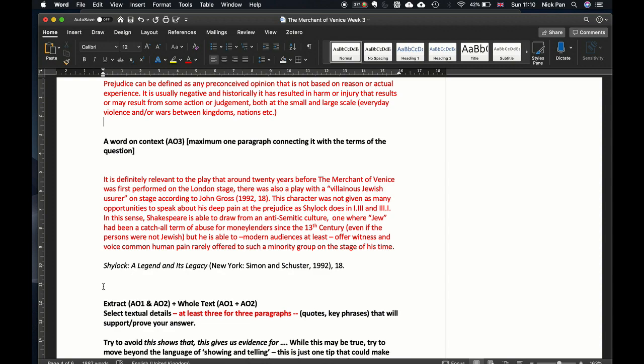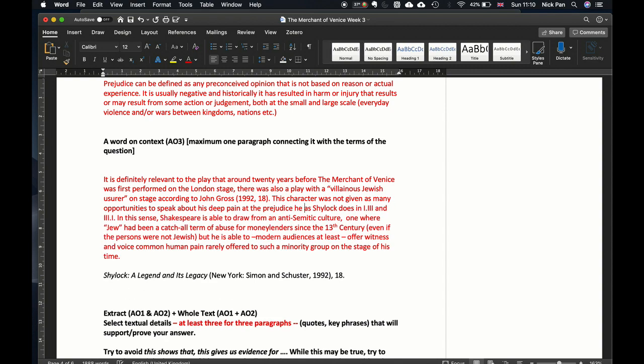This character was not given as many opportunities, crucially, to speak about his deep pain at the prejudice he faces as Shylock does, as I've already mentioned in 1.3 and 3.1.